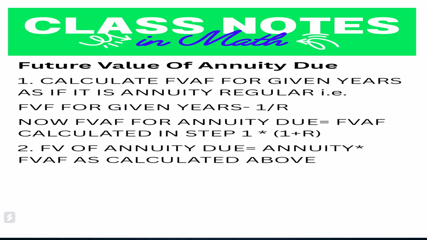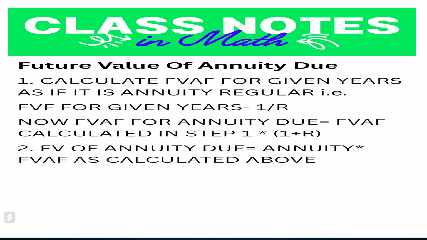Well, it's easy. Here are the steps. First, we have to calculate FVF, that is the future value annuity factor, for the given years as if it is annuity regular. That means if you have to find the future value of annuity due for 5 years, then first of all you have to find the future value annuity factor for 5 years as if it is an annuity regular.